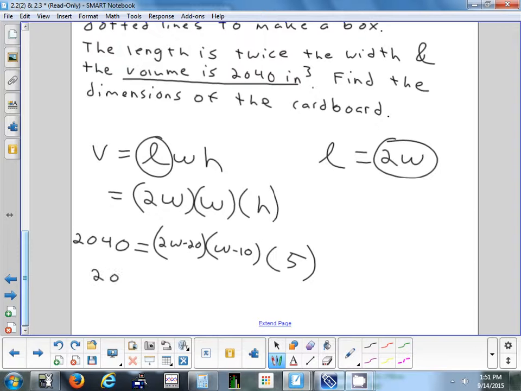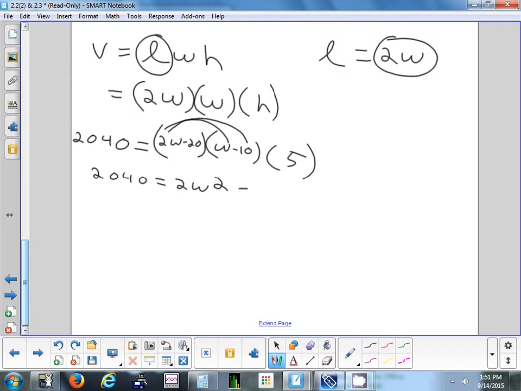If we do this out, we're going to get 2W squared minus 20W minus another 20W is minus how much? Yeah, 40W. Good. And then negative 20 times negative 10 is plus 200.